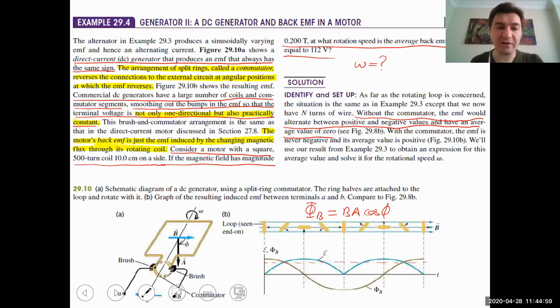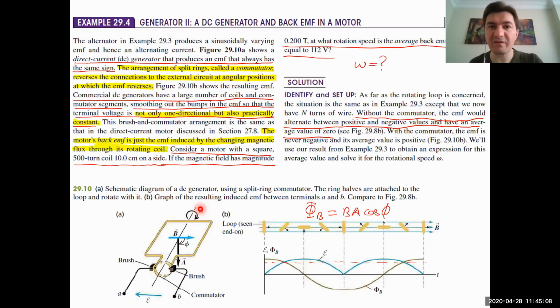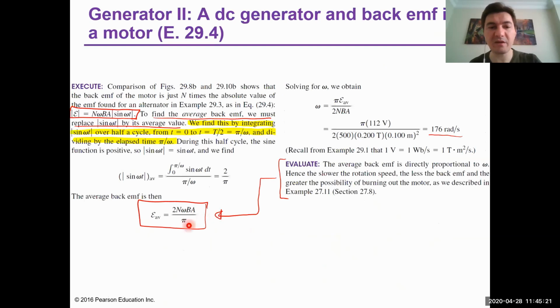So what we have here: number of turns, rotation speed, magnetic field, area, and EMF. EMF is given as 112 volts, magnetic field is given, and area can be calculated using that information. Number of turns is given, then put them into that equation.